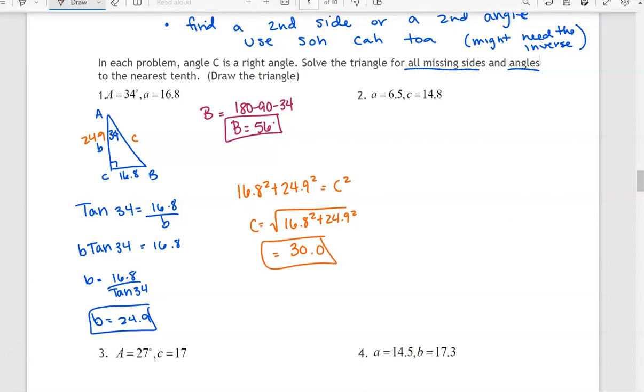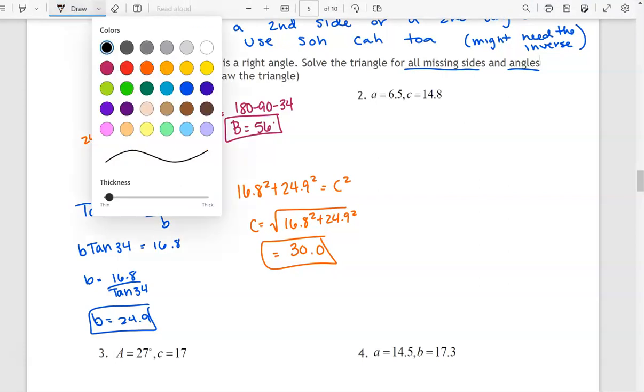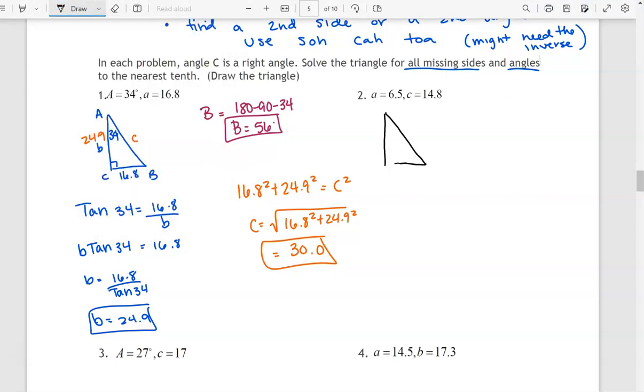So we're going to do that for the next few examples. Again, drawing our triangle and labeling. Little a this time 6.5, little c this time 14.8. We don't have an angle.